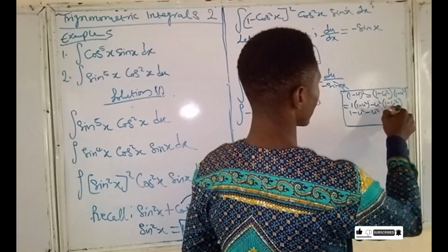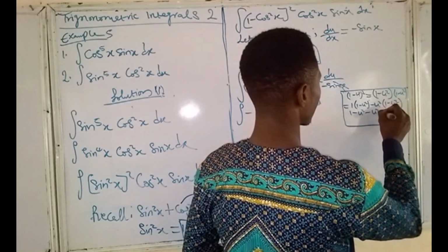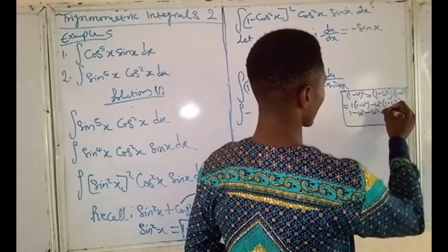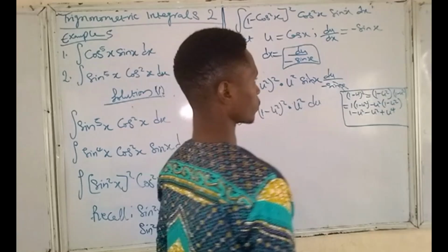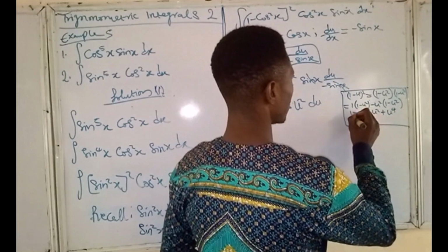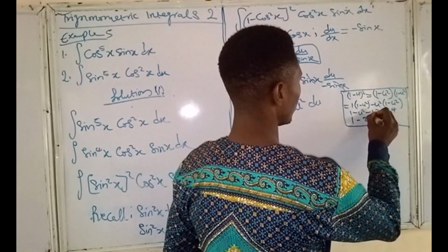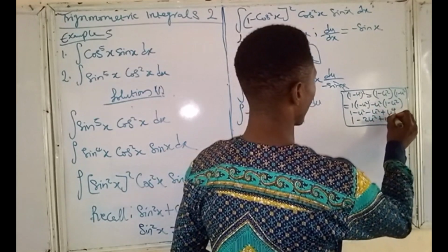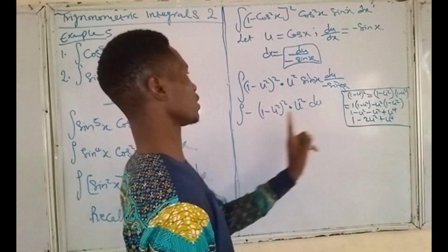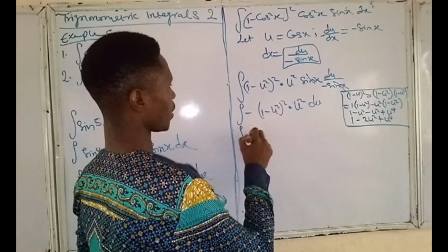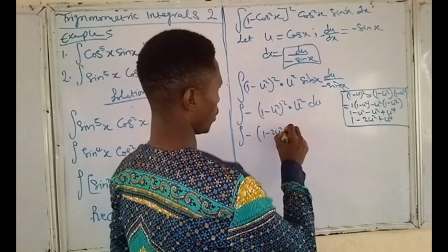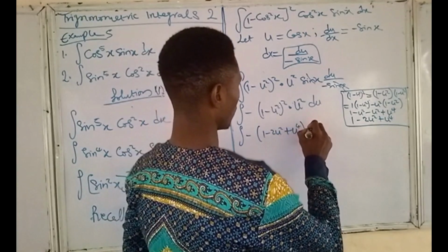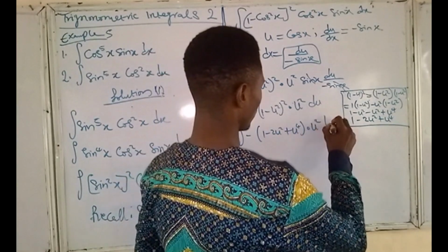Minus u² times, or minus times minus is plus. u² times u² is u power 4. So we now say this is 1 minus 2u² plus u power 4. So we replace this for this. So this is integral minus bracket 1 minus 2u² plus u power 4 times u² du.